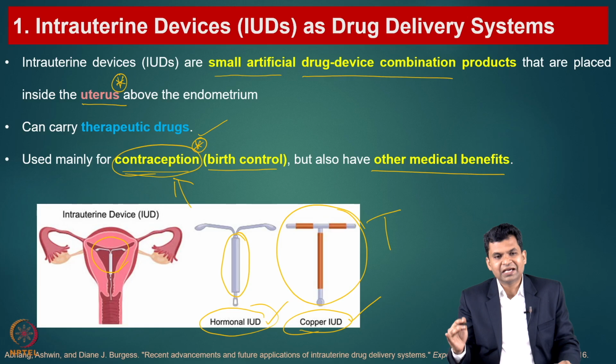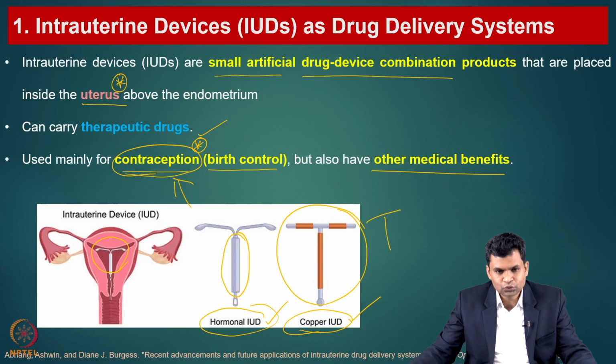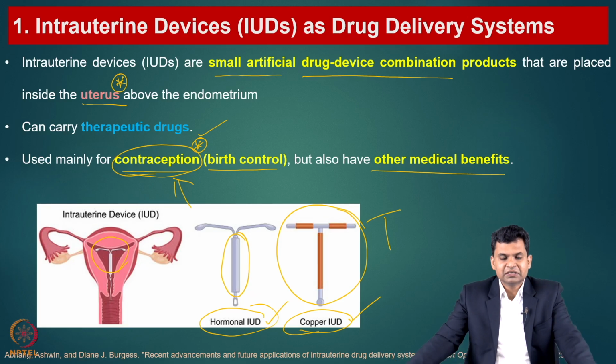The copper will help in the mechanism of contraception. We will see further detail on how these two types of devices work for contraception in intrauterine drug delivery systems.